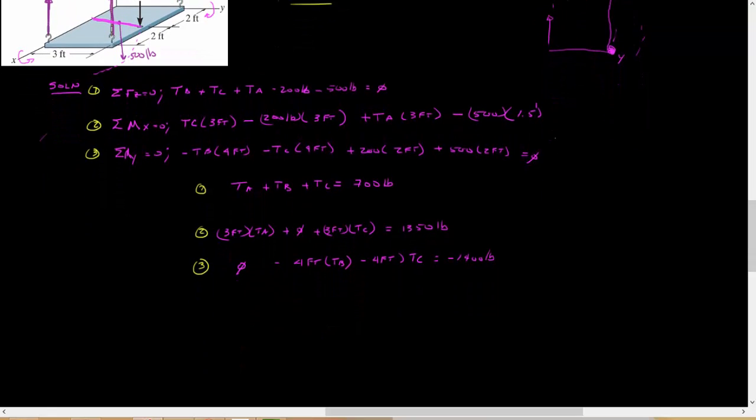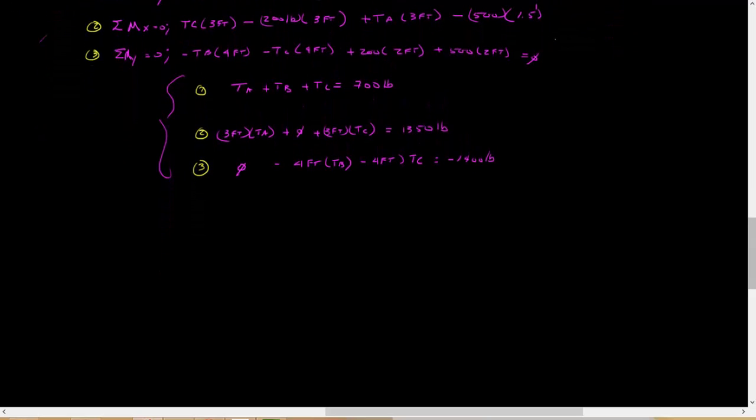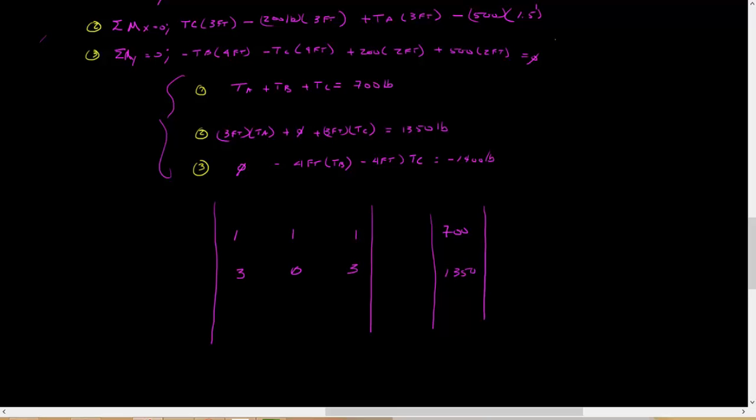So what I have here is I can set up a matrix, instead of trying to use substitution and elimination. So really what you have is 1, 1, 1, 700. You have 3, 0, 3, 1,350. And then the last one I have 0, negative 4, negative 4, and negative 1,400.